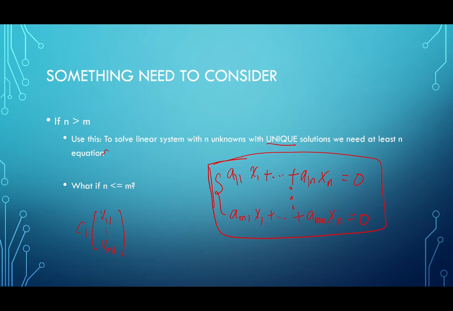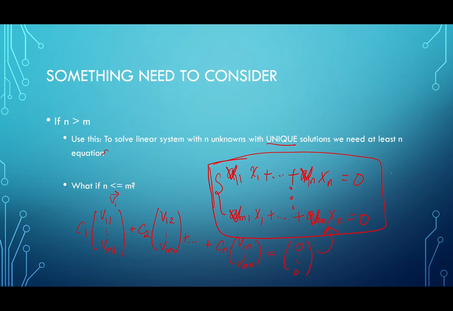This all refers to vector v1, plus c2 times the same thing, v12 and so on until vm2, and so on until cn v1n and so on until vmn equals 0. And somehow we can represent this in this form. So just replace everything with v here.